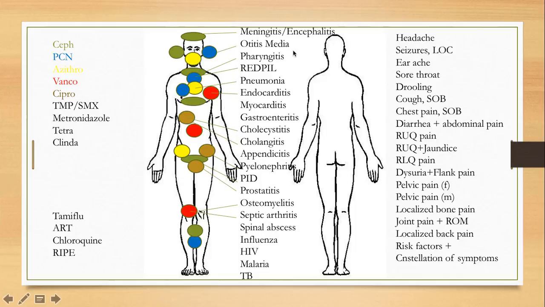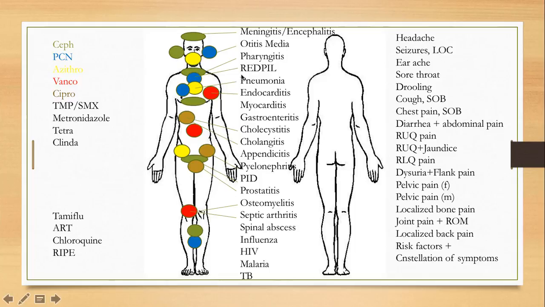So you have all your meningitis patients, not the encephalitis because that is usually a viral infection, but your meningitis patients will benefit from cephalosporins largely, but of course there are additional antibiotics that can be used too, like we talked about earlier. But these are just the key antibiotics used in these certain infections. So your otitis media patients will get better with penicillins and with cephalosporins.